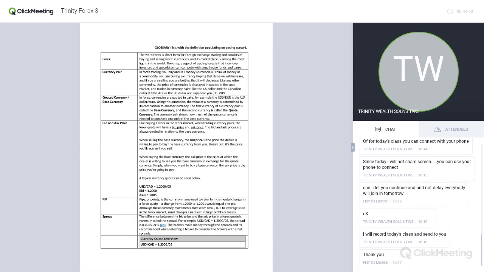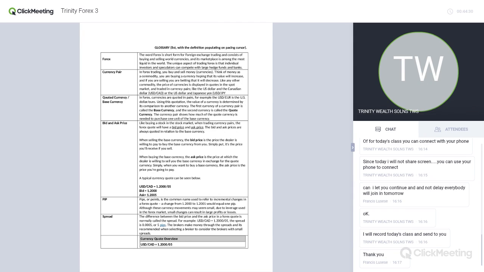You know, if you buy a kilo of sugar today at 100 Kenya shillings, and then you want to sell it, you're selling at 120. You bought at 100 shillings, you're selling at 120. That difference between your buying price and the selling price is 20 shillings. That is the spread. So that is the same logic in Forex. The difference between the bid price and the ask price is what we call the spread.